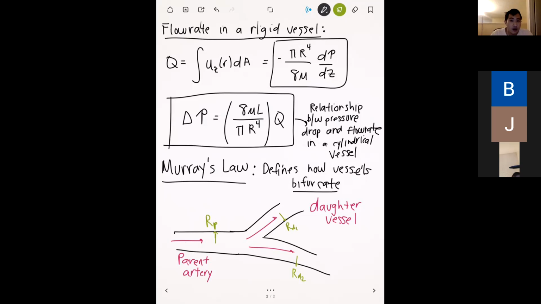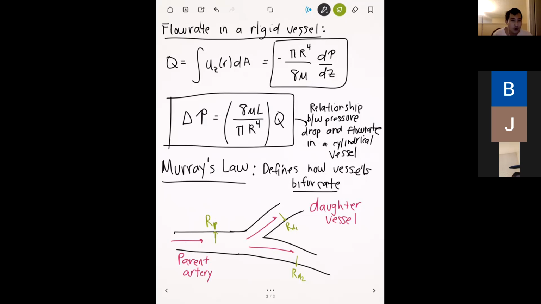Okay. And the reason we have this relationship is that it's going to minimize the amount of work that your heart has to do, right? Because you can imagine, you have all these bifurcations, all these blood vessels happening in your body. It would be great if the geometry of the blood vessels were designed such that it optimizes the amount of energy that your heart has to output, right?